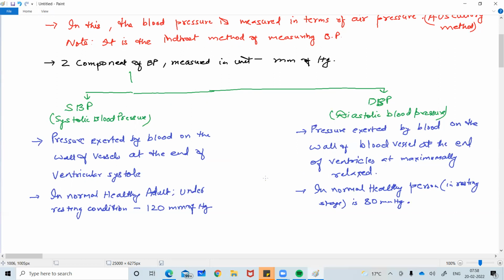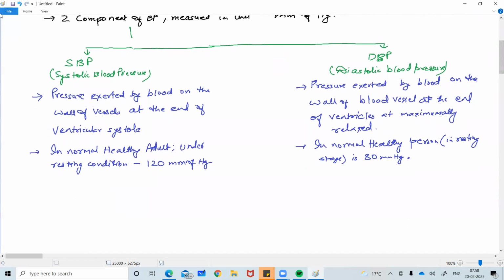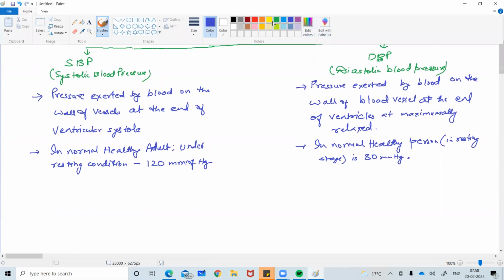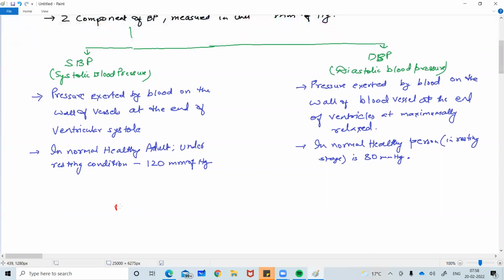So these are the two pressures. If you combine these two pressures, you will get blood pressure. Simple. So you can say here that blood pressure is equal to systolic pressure by diastolic pressure, right?